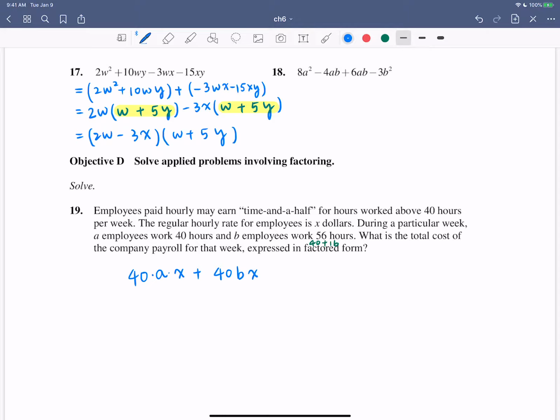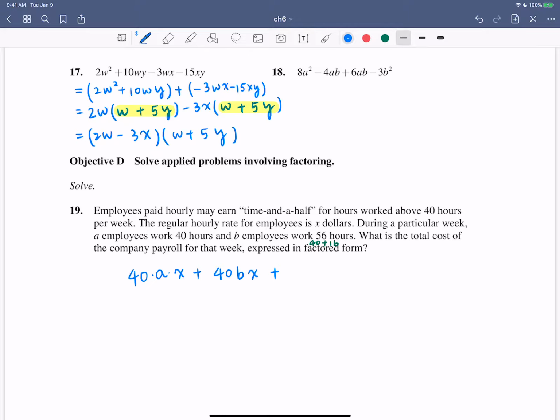That will be the payroll for the first 40 hours for those B employees. And then we're going to deal with the additional 16 hours. The additional 16 hours, their pay rate will be increased. It's going to be increased to time and a half. So it's basically 3 halves of the original.